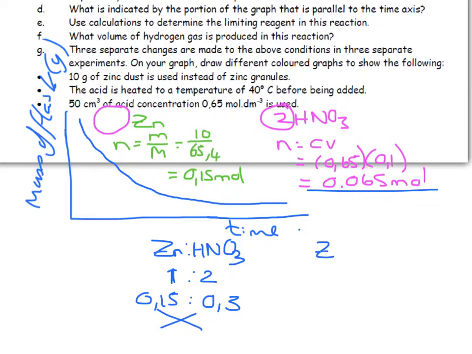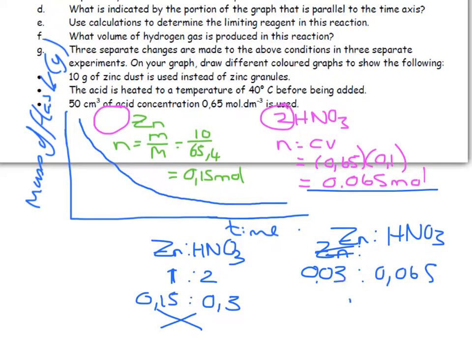If, on the other hand, I said zinc is to nitric acid as 1 is to 2, 0,065 nitric acid requires 0,0325 zinc, I do have enough. So, therefore, the nitric acid is my limiting reagent. Use calculations to determine the limiting reagent.